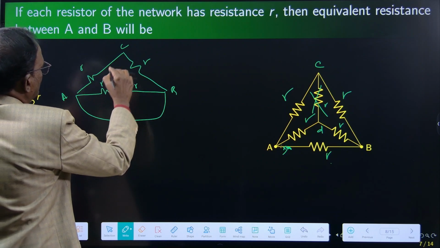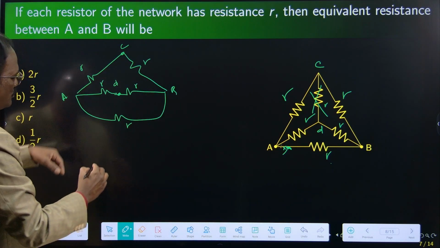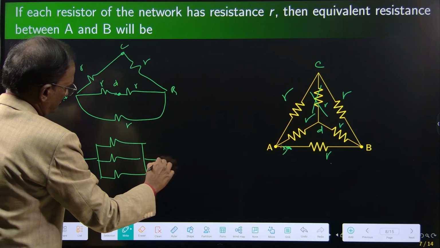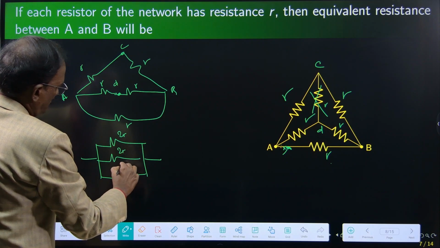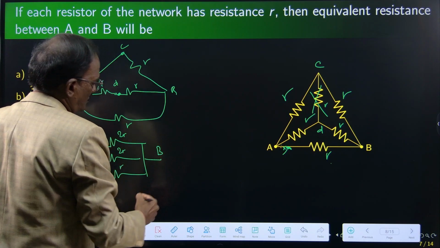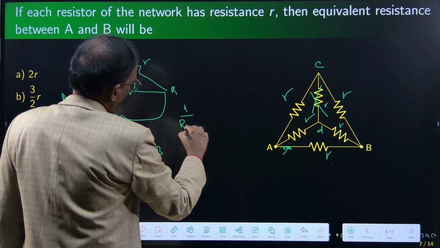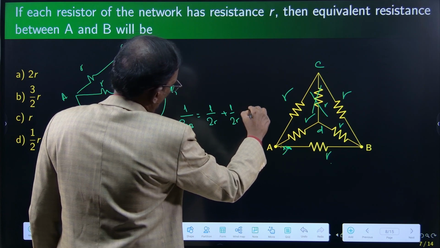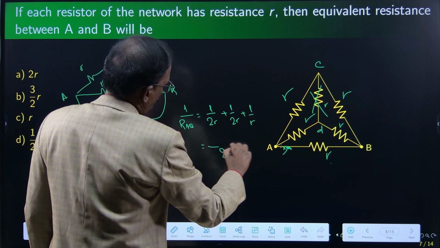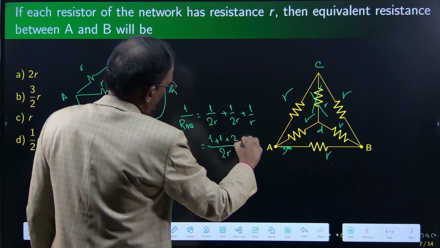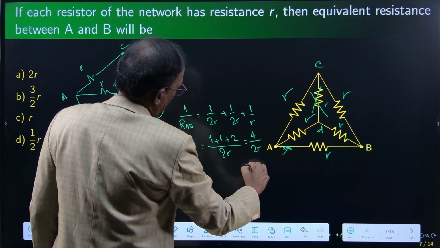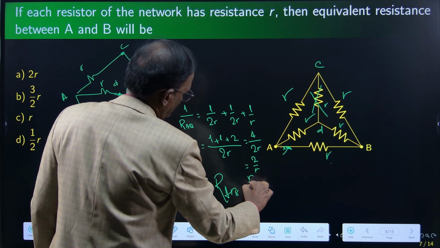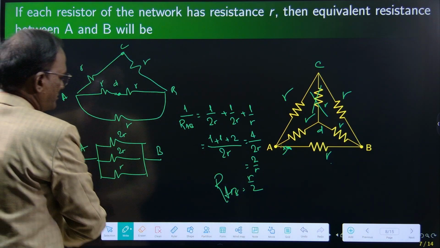This point is D, this point is C. So 2R and 2R, this is the equivalent value, and R. So 1 by RAB is equal to 1 by 2R plus 1 by 2R plus 1 by R. Taking 2R as the LCM, 1 plus 1 plus 2, that is 4 by 2R, that is 2 by R. Then RAB is the inverse, R by 2. R by 2 is the answer, option D.